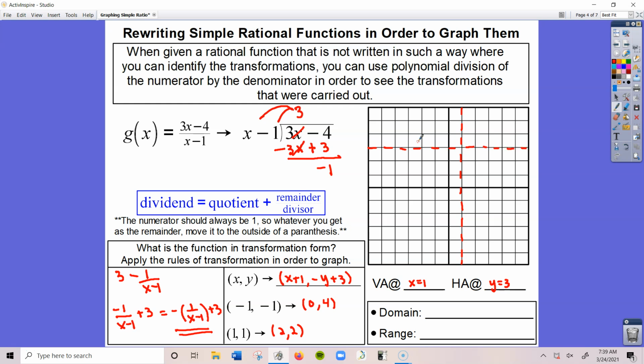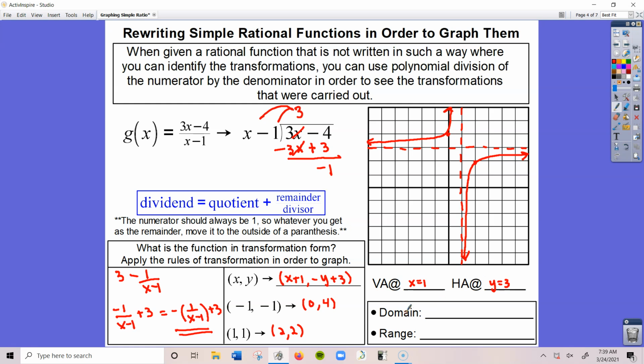And then I'm going to plot my points. We have (0, 4) and (2, 2). So based on where my points are, I can now curve my graph. And this will be my function.